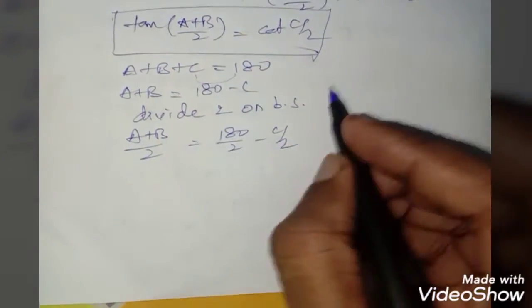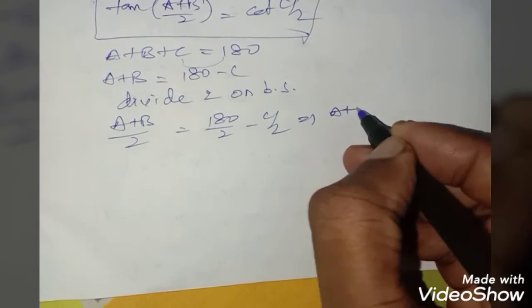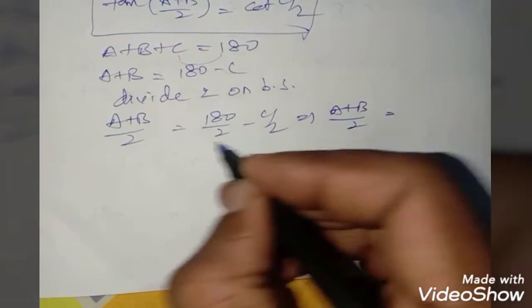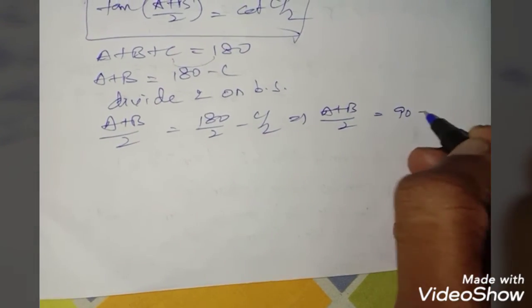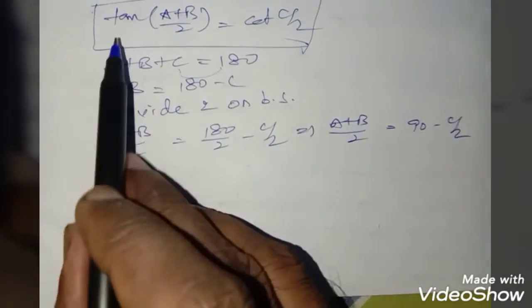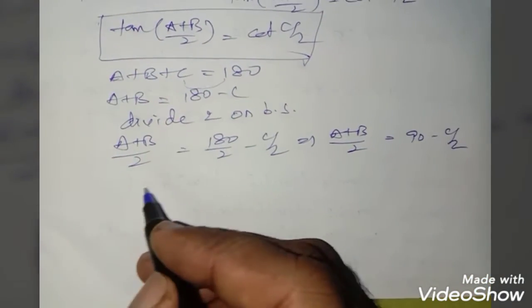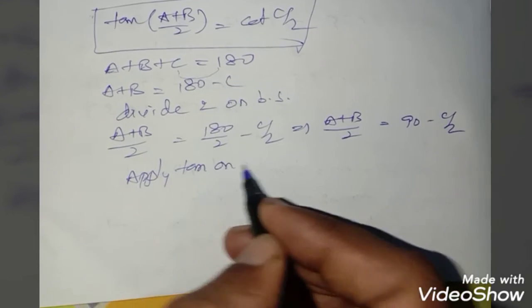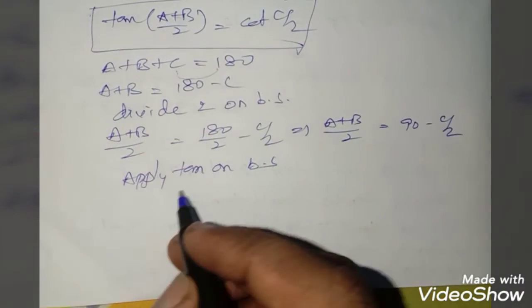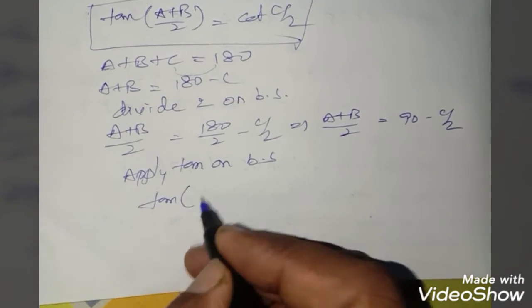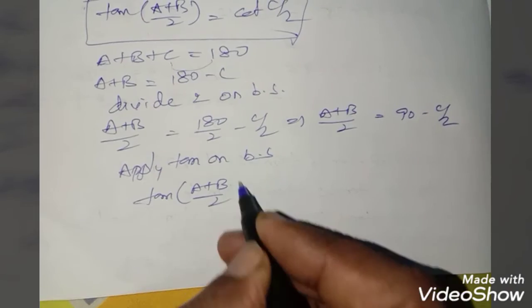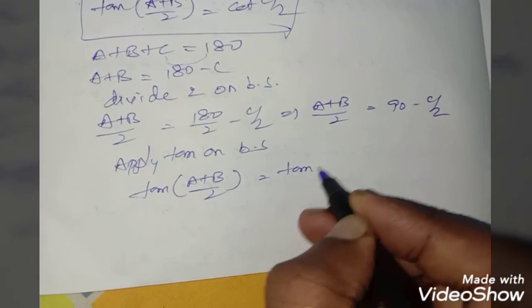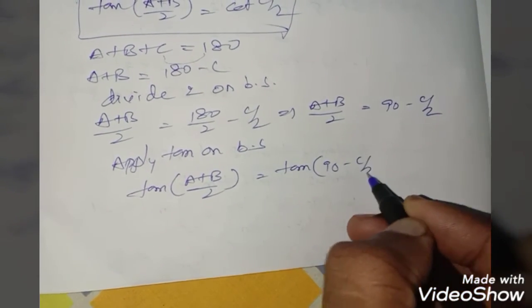So after dividing, what you will get here is (A plus B) by 2 is equal to 180 by 2, which is nothing but 90, minus C by 2. Now on the left side you have tan. So what you have to do? Apply tan on both sides. Now if I apply tan on both sides, you will get tan of (A plus B) by 2 is equal to tan of 90 minus C by 2.